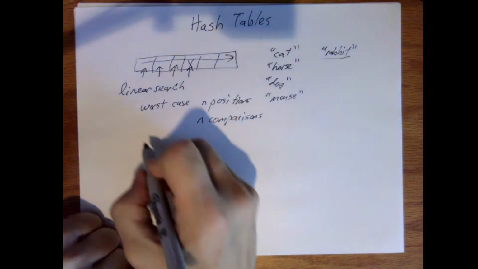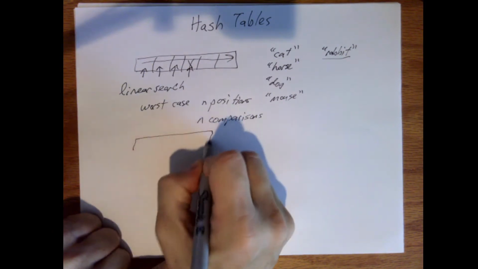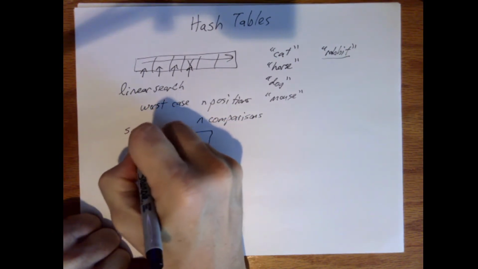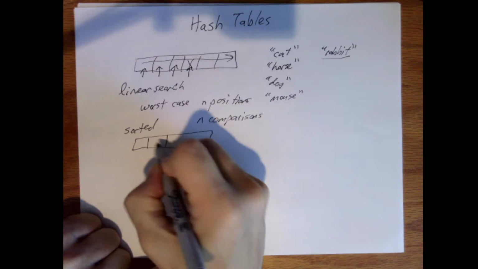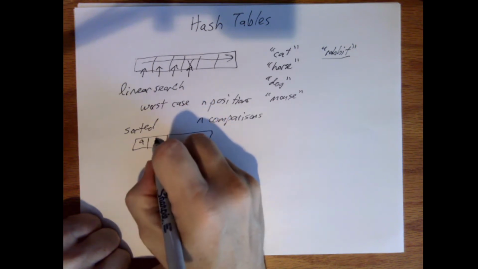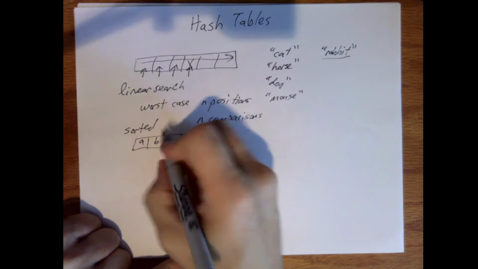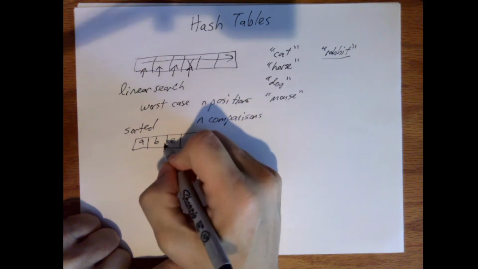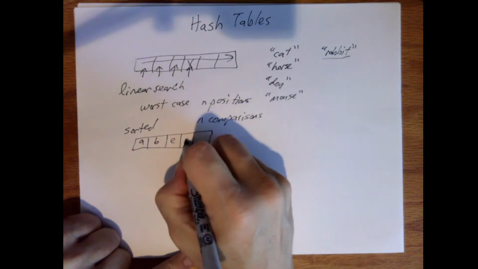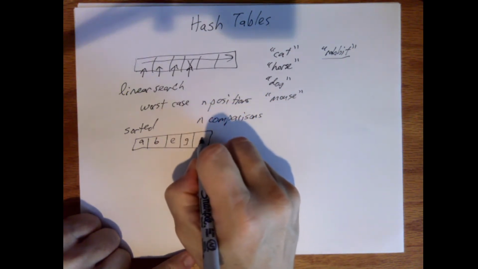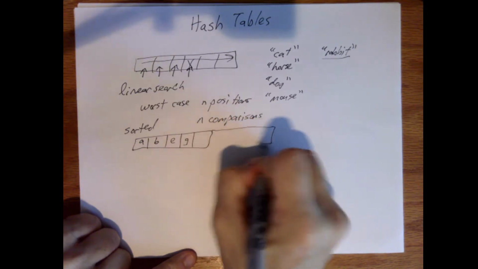Well, if you told me this array was sorted, and so it might have things like this. So A would be here, B would be here. Maybe we jump to E because there is no D or C. Maybe there's G. We'll have some more.